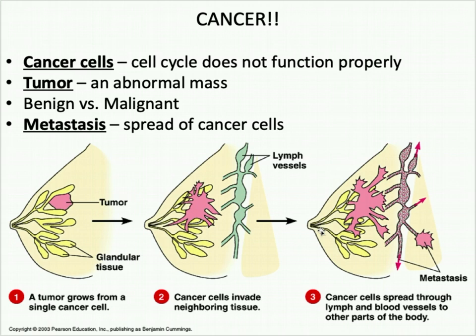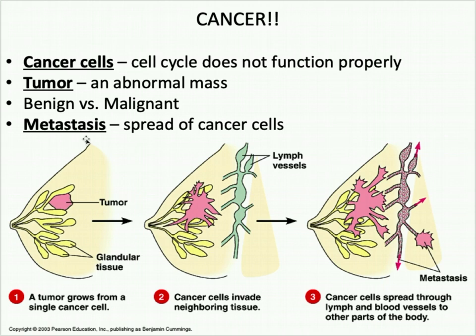But you have two categories of tumors. You have what's called a benign tumor. These benign tumors usually do not spread. They start off in one place and then they basically just stay there. But that doesn't mean that they don't have the potential to spread. If they spread, we say that the tumor has metastasized.